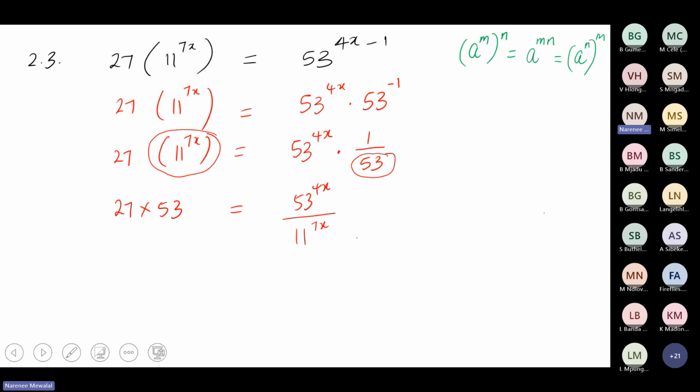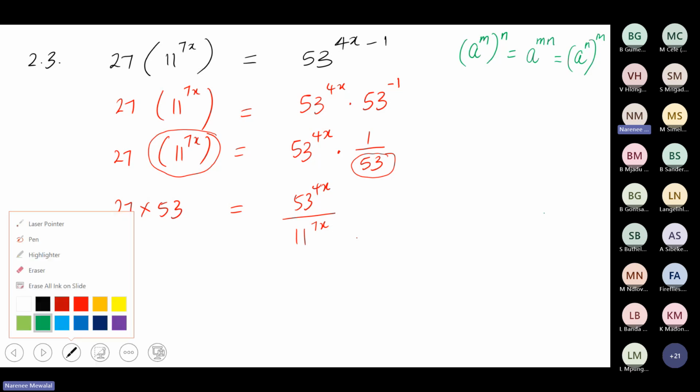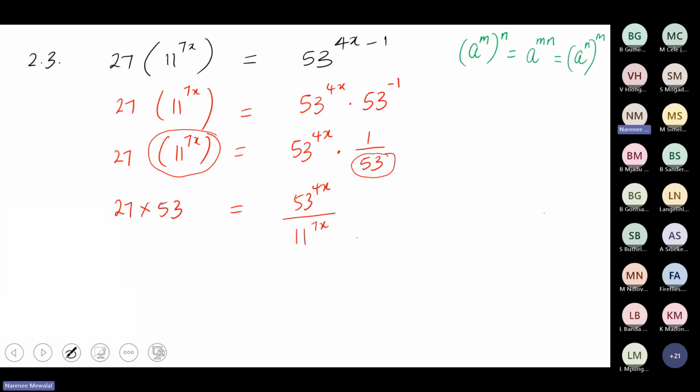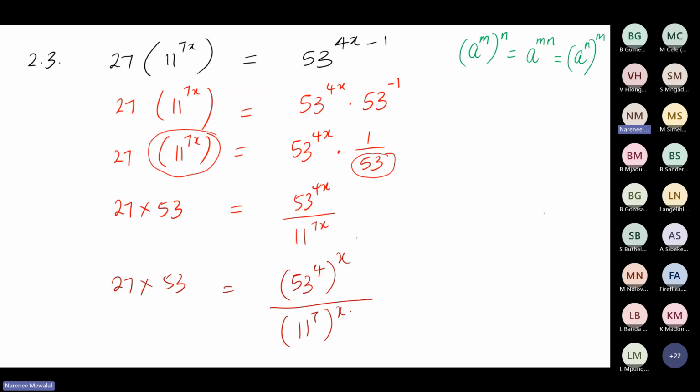So what I'm going to do here now is we're going to create a situation where we've got our 27 times 53 on the left-hand side. And here we're going to write this as 53 to the power 4 all to the x divided by 11 to the power 7 all to the x. Okay?